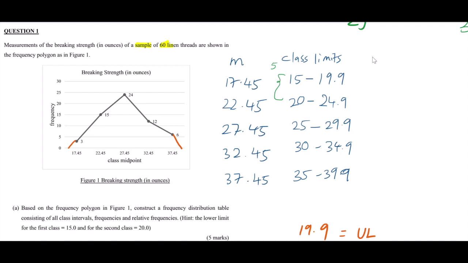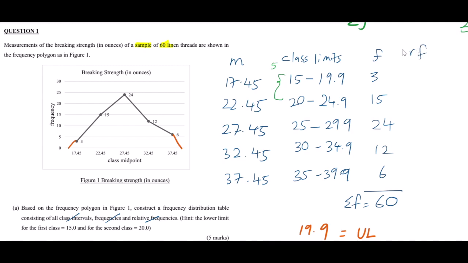Okay, and the next step is to find the frequencies. We simply copy down the values here. They would be 3, 15, 24, 12, and 6. So the total frequency is 60. We have the class intervals, the frequencies, and the next step is to calculate the relative frequency.